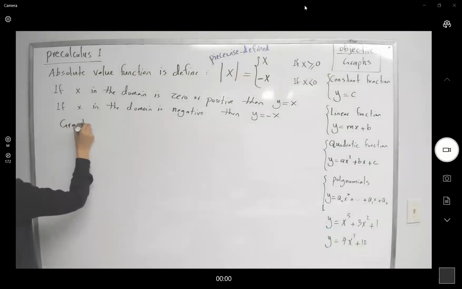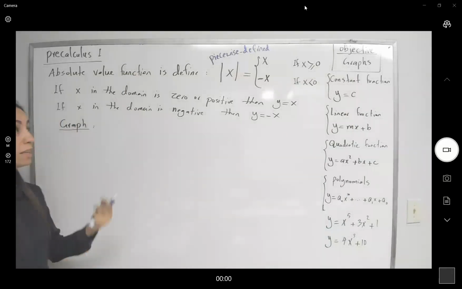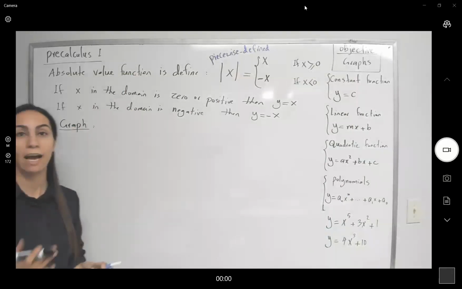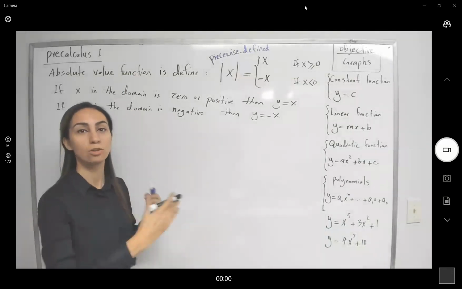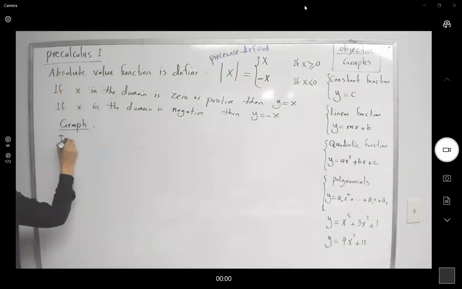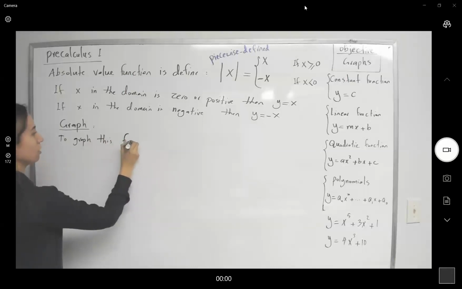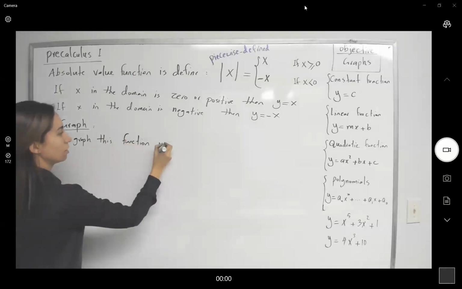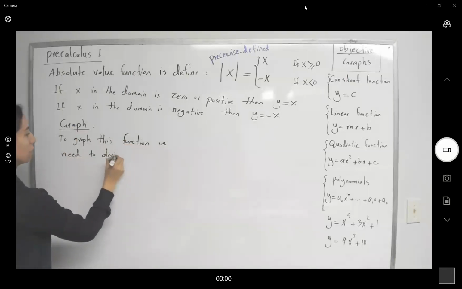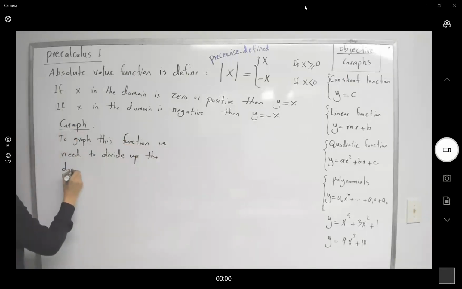Well, first of all, note that this function is defined like this. It means that we have to divide up the domain into two pieces. To graph this function, we need to divide up the domain into two pieces.